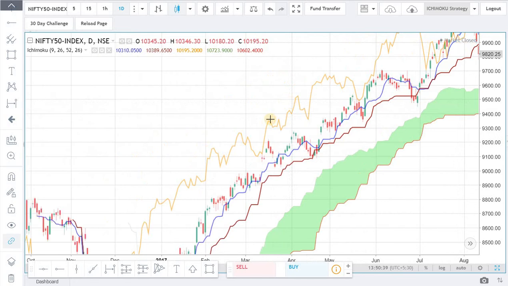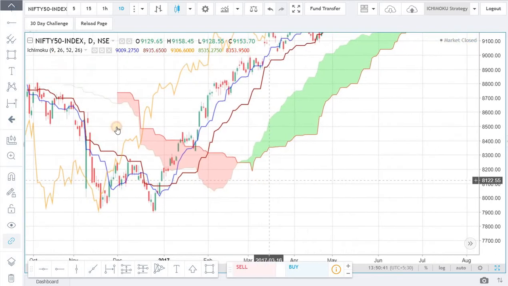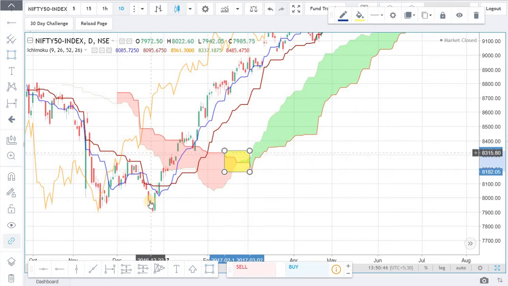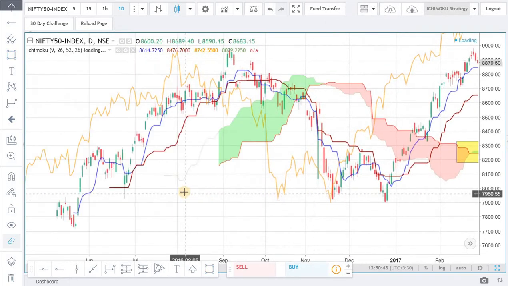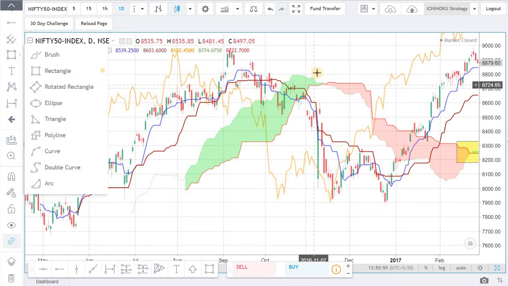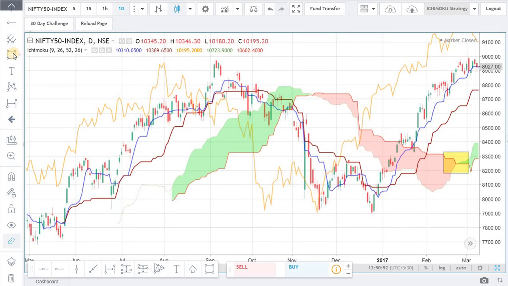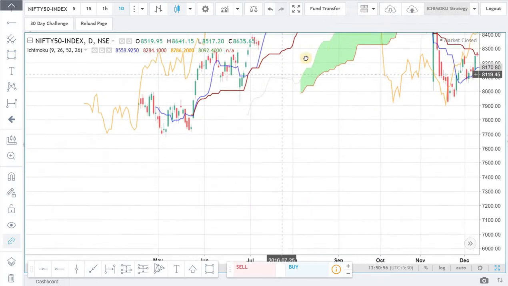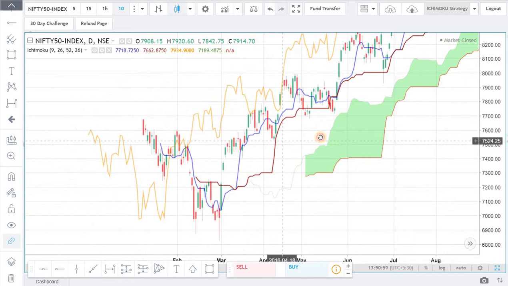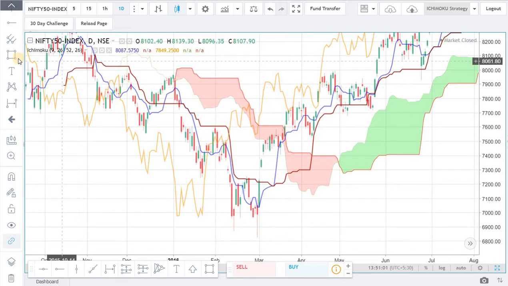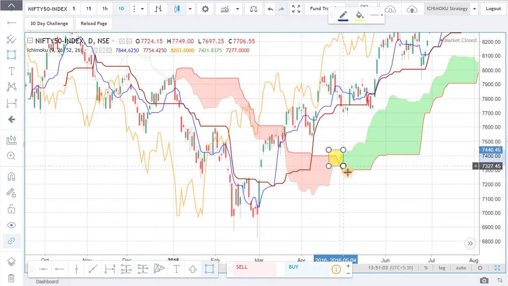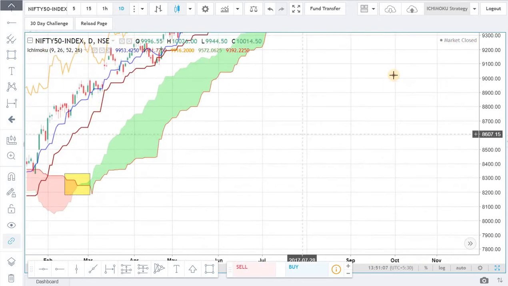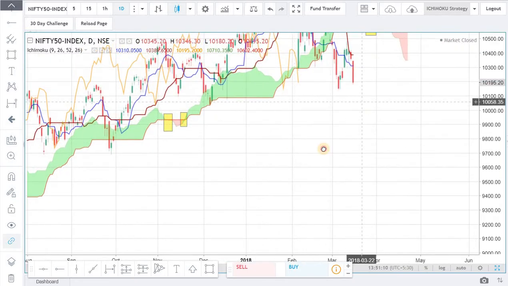Wow, this is a super bullish twist. Here you go. This is a bearish twist, and there are quite a lot of those here. Bullish twist. So quite a lot of indications about trend reversals.